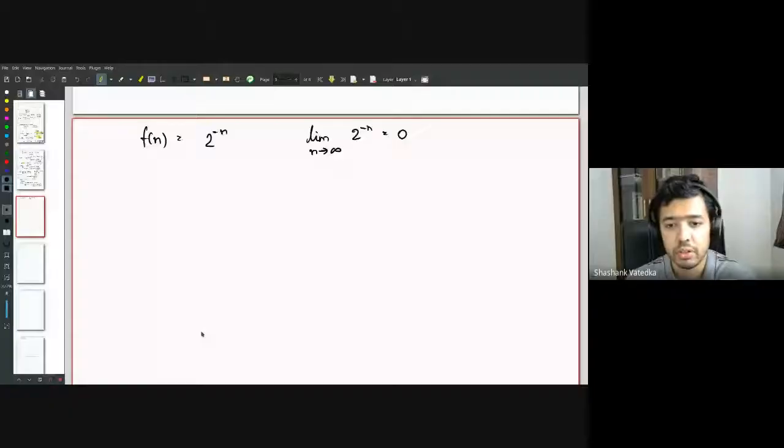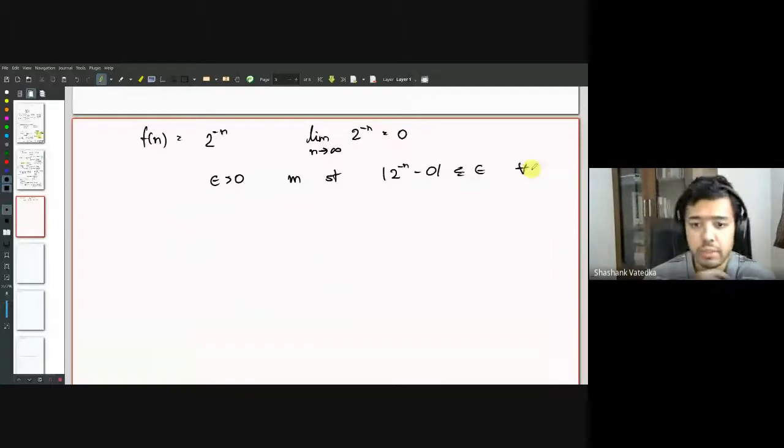Okay, so formally speaking, if you pick any small epsilon, you should be able to find an m such that the absolute value of 2 to the minus n minus 0 is less than or equal to epsilon for all n greater than or equal to m. So can you tell me what the m would be in this particular case?